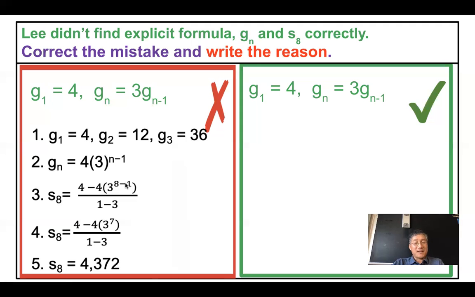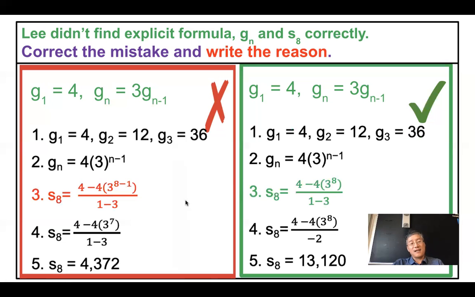That's a common mistake. It is so easy to make a mistake because the explicit formula always has n minus 1 power here. We should be careful. It's not n minus 1. It is n. There was a mistake, so we should correct it. It's not 8 minus 1. It's just 8. Then you simplify like this. You get 13,120. All right, we'll stop here.